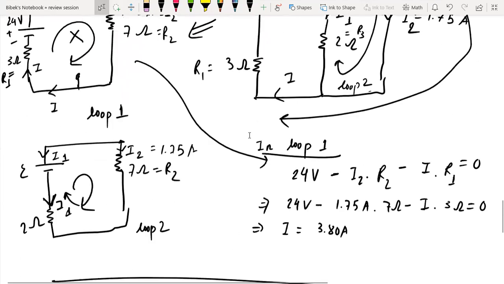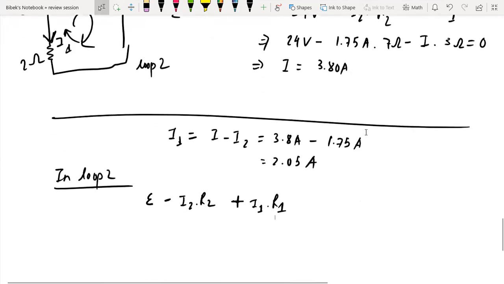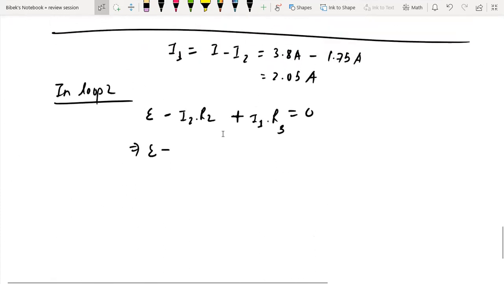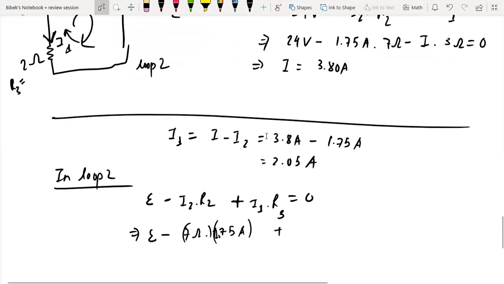Or is it? Or it's R3. So I'm writing it to be R3. Okay. This is 0. So that's E minus your I2 times R2, that is this thing, 7 ohm times 1.75 ampere, okay, plus, what's your I1?